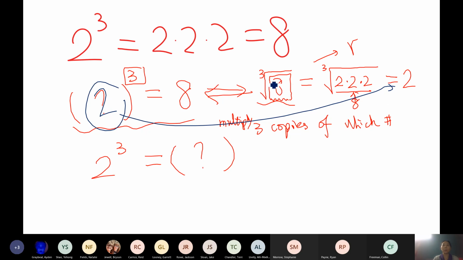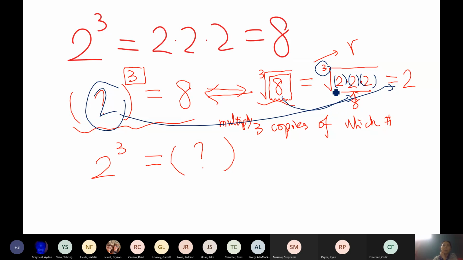So this symbol we created tells you to find the base, and this index tells you how many copies. How many copies of one number, 3 copies, will be 8? You find it's 2, 2, 2, so the answer is 2. The first solution you're going to use is to factor 8 as a product of prime numbers, and if the index is 3, you look for 3 copies of something.